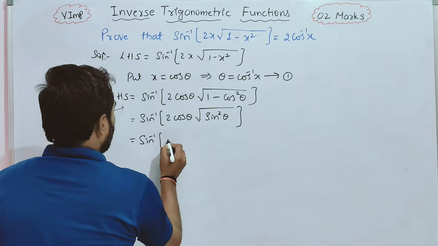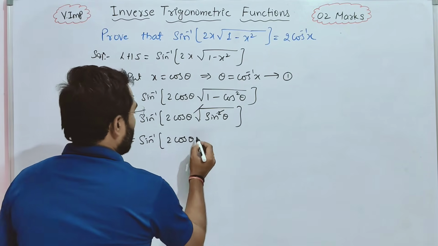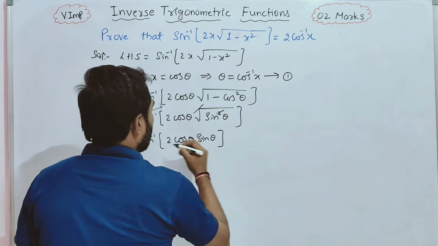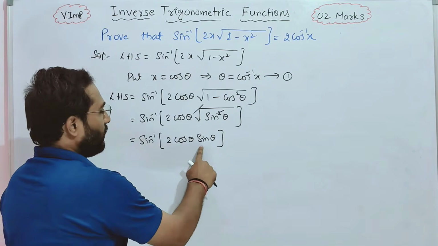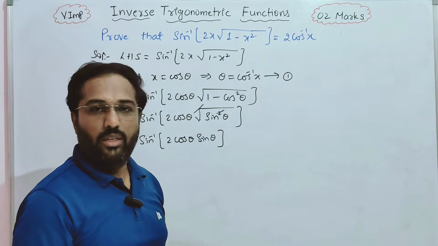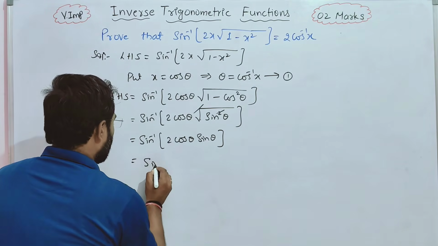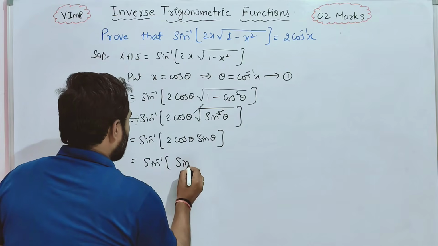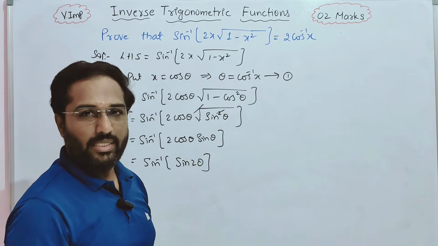So sine inverse of 2 cos theta, the square root and square get cancelled. It remains sine theta. Now again 2 cos theta into sine theta, or 2 sine theta into cos theta, same formula. That is which one? Yes, sine 2 theta. Exactly the previous case.